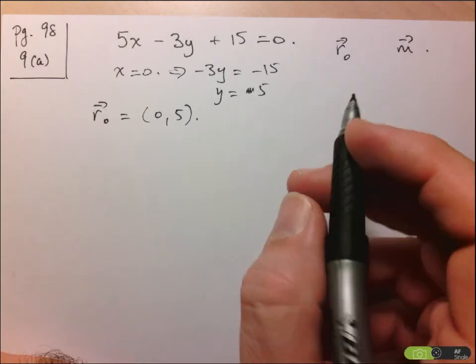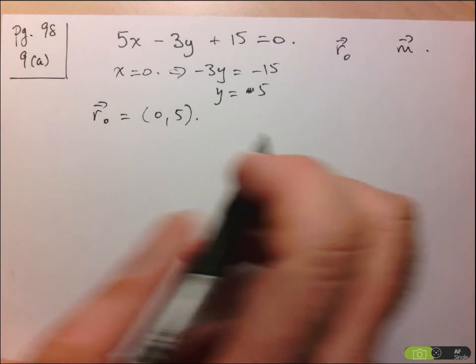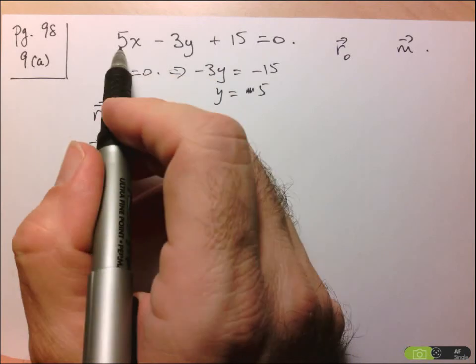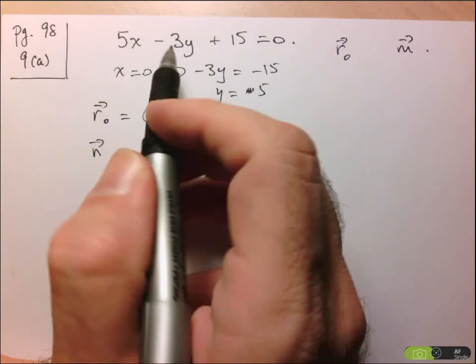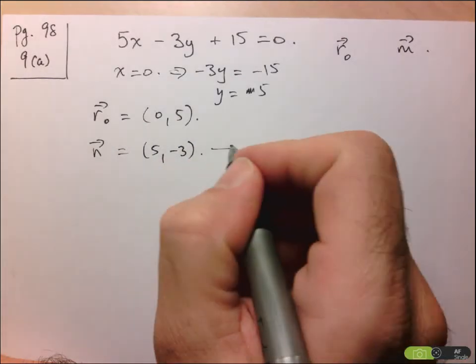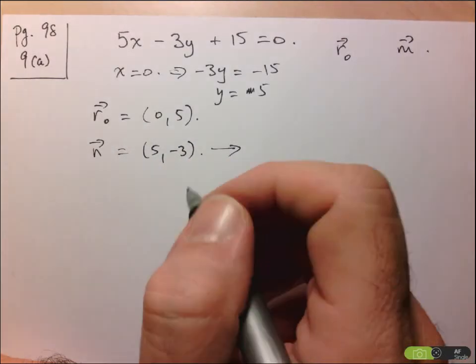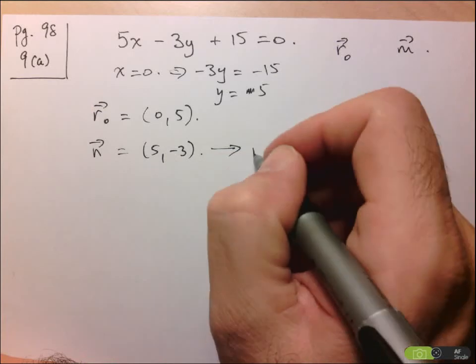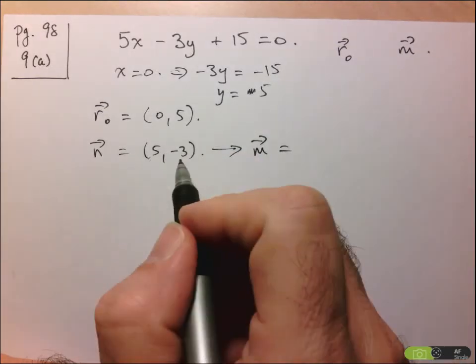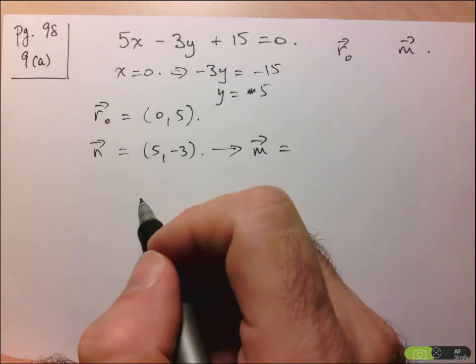So again, a trick I've used a few times is I know that a normal vector to the line that I'm given is given by the a and b values, so 5 and negative 3. And I can use that to find a vector perpendicular, which would be a direction vector for this line, by just reversing the x and y components and making one of them negative.